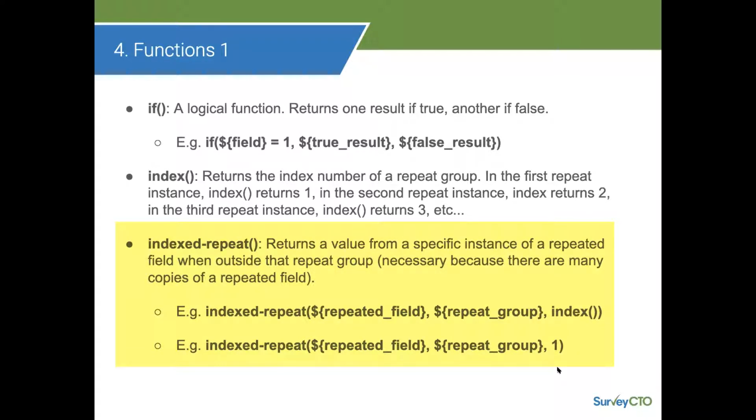The repeated field, named repeated field, located inside repeat group, which is a repeat group, is returning the first instance of this field. So the value in the very first repetition inside this repeat group.